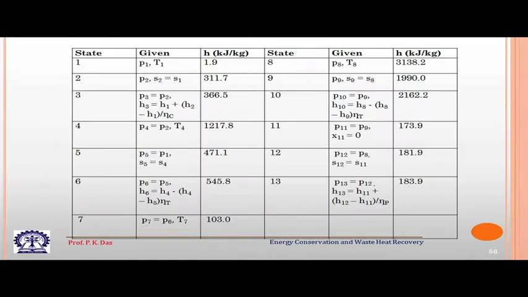So, whenever we use this particular terminology, heat recovery steam generator, we refer to a component from which we get steam for the production of work or electricity. So, let us go back.